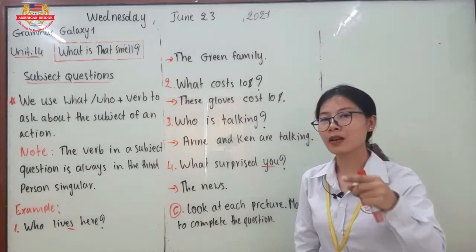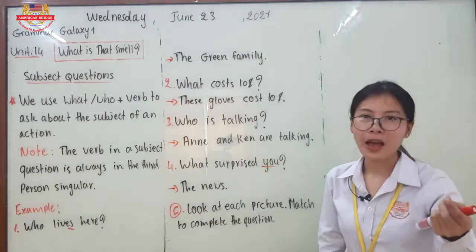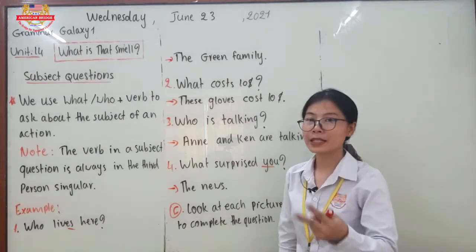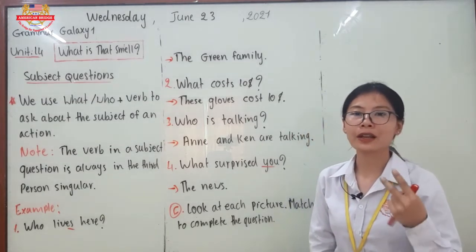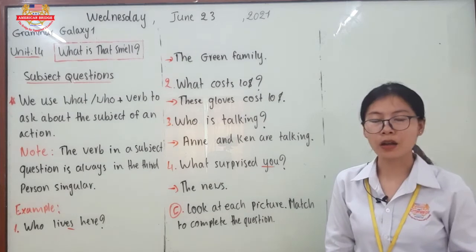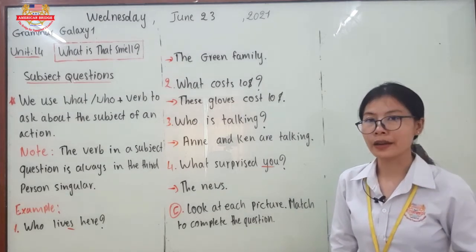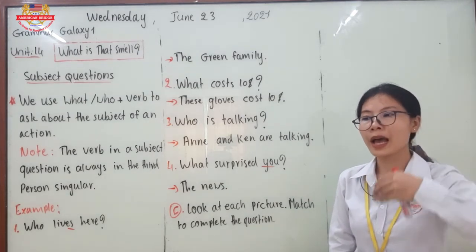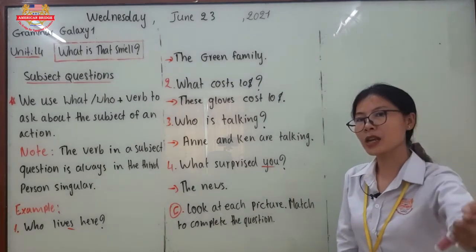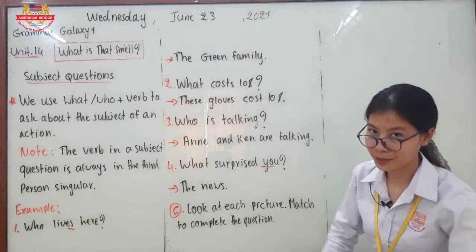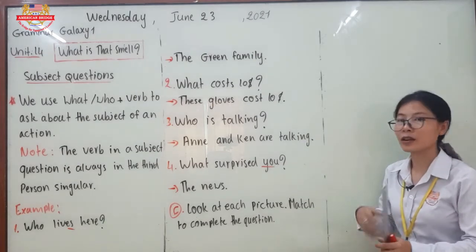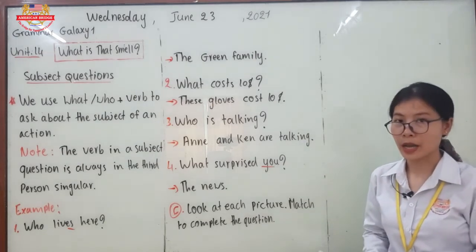Who asks about a person who does an action, and what asks about what kinds of action he or she does, or we can say he or she did. So one asks about a person's action, and one asks about an action of a person. So it's opposite. Don't get confused between these two.